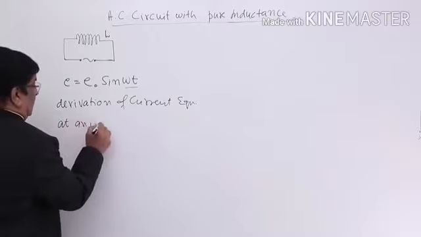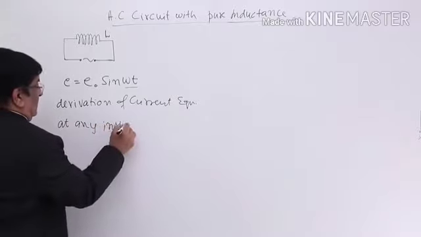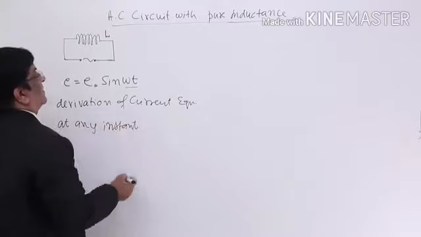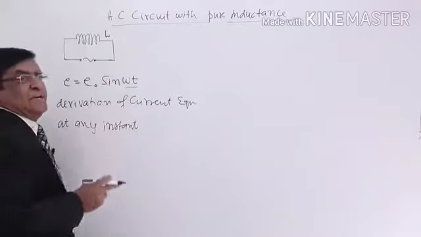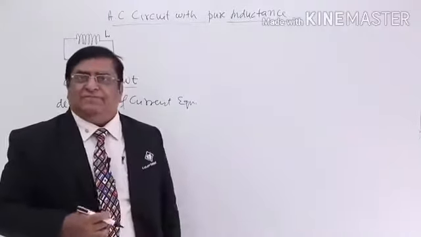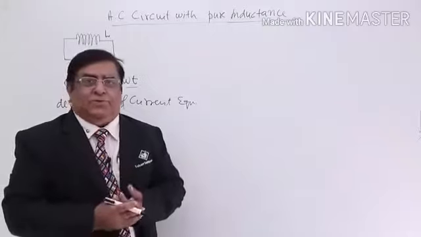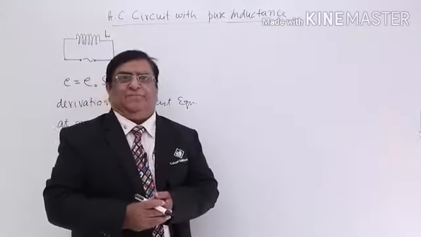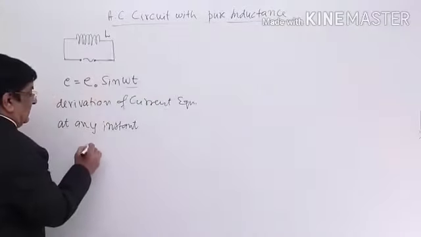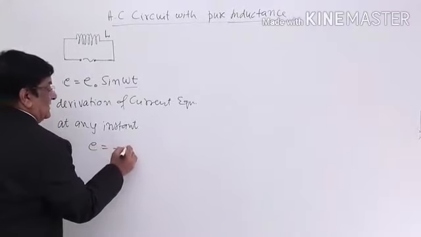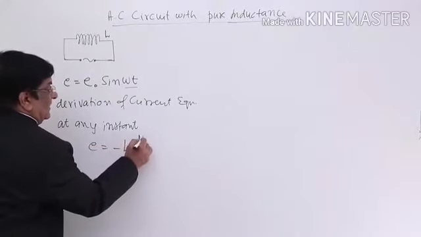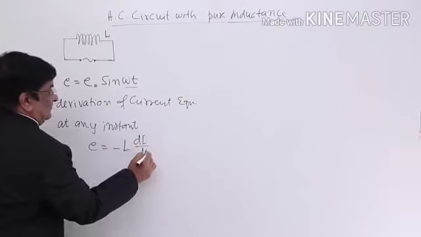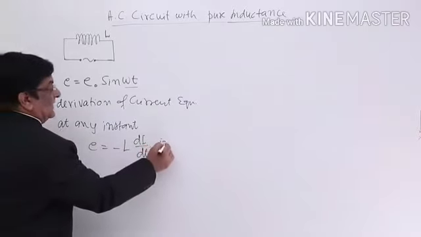At any instant when there is a change of current di, the EMF induced in the inductor is given by E is equal to minus L di by dt. This is in the inductor.